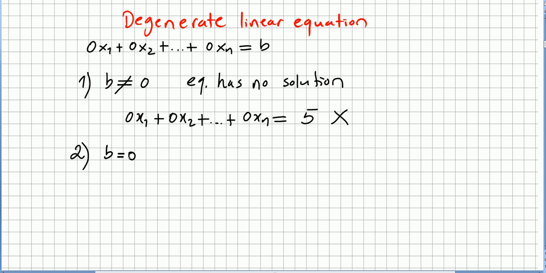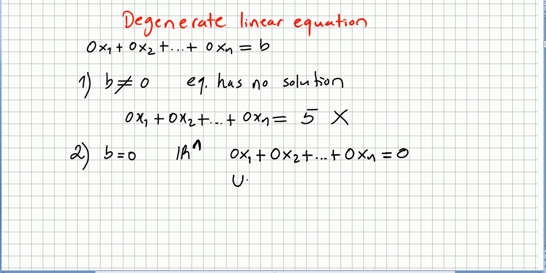If b is 0, then everything changes, because if b is 0, then every vector in Rn will be a solution for the equation. 0x1 plus 0x2 plus 0xn equals 0.